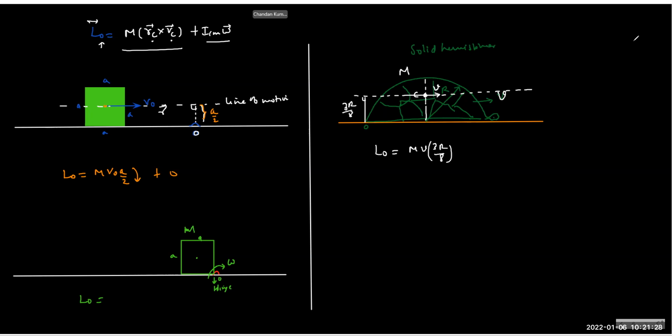How much? 2 m a square omega is not the right answer. Sir, is it m omega a square by 4 root 2? No.